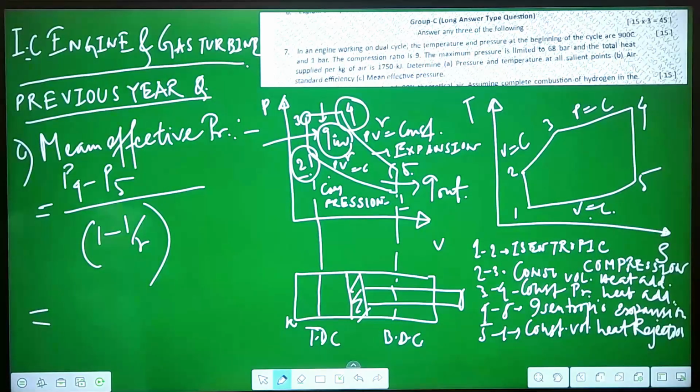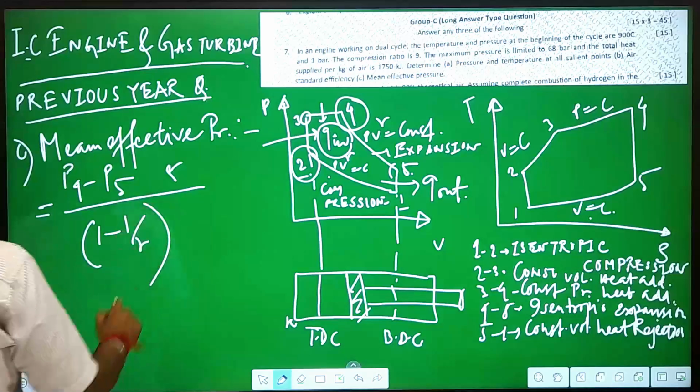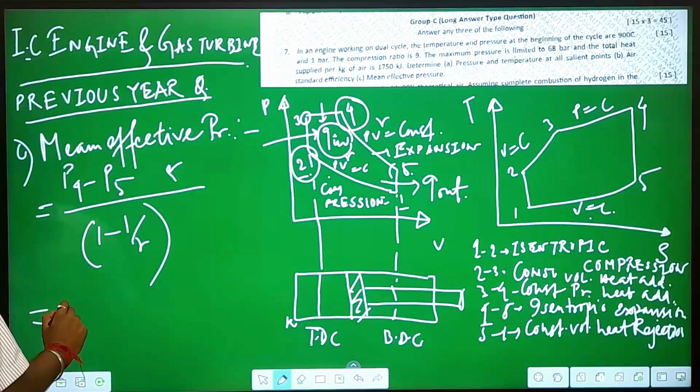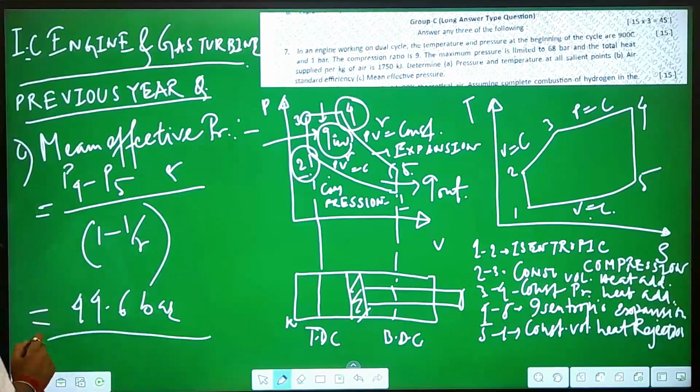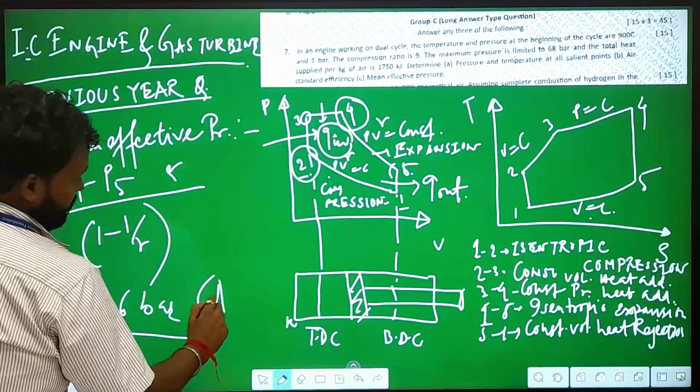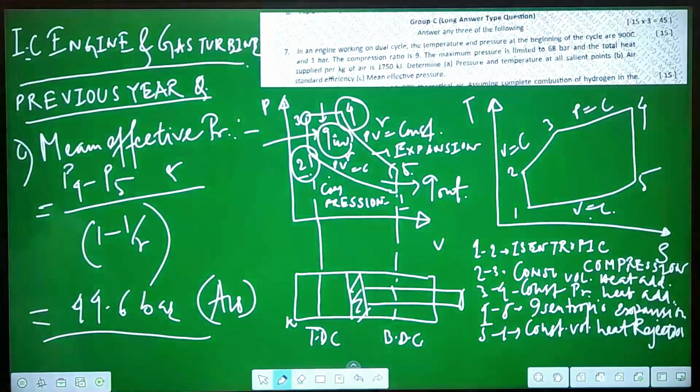So, what is P4? We have already calculated the value, we put the value here and we get the mean effective pressure as 44.6 bar. You have to check the value and see that it will be 44.6 bar in the final question.